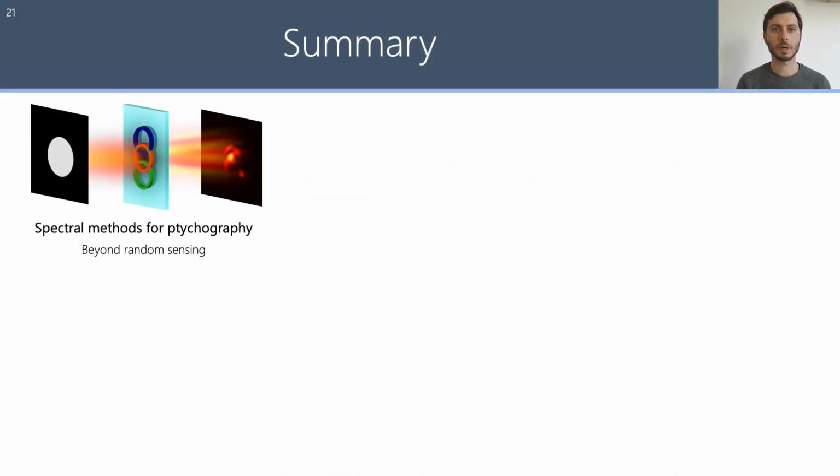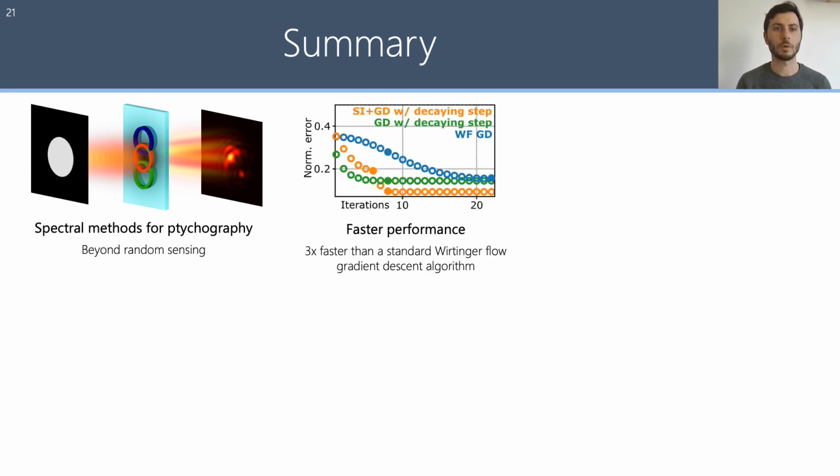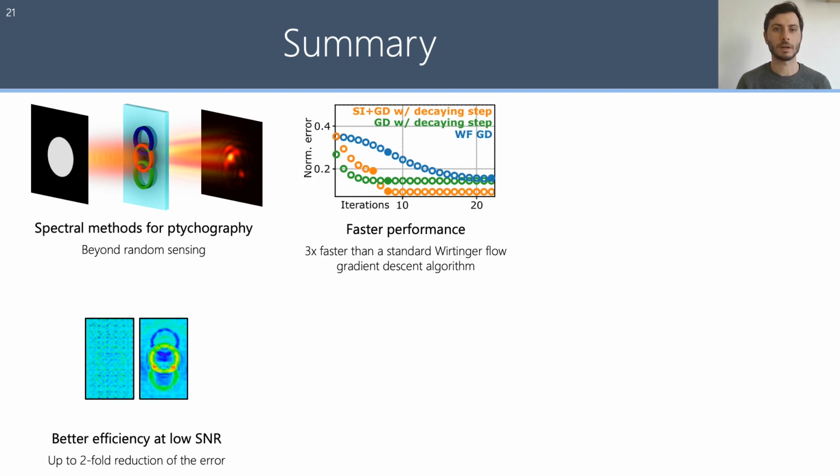To wrap up, we have provided the first experimental demonstration that spectral methods, originally designed for random settings, can benefit ptychographic phase retrievals too. We reported 3 times faster and better ptychographic reconstructions with a spectral initialization than with a standard gradient descent algorithm. Notably, the crucial impact at low signal-to-noise ratio was also observed.